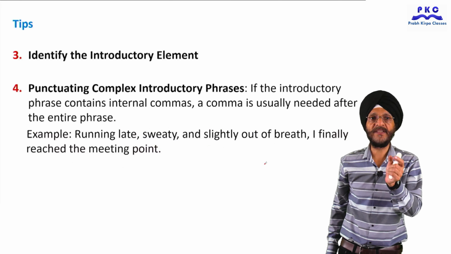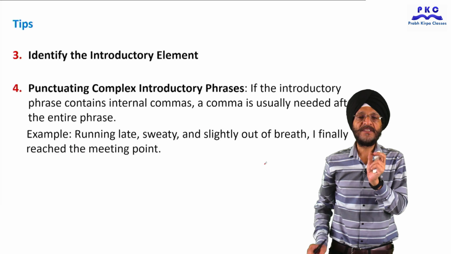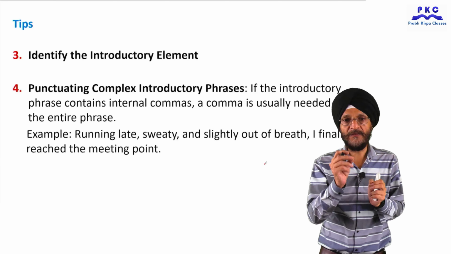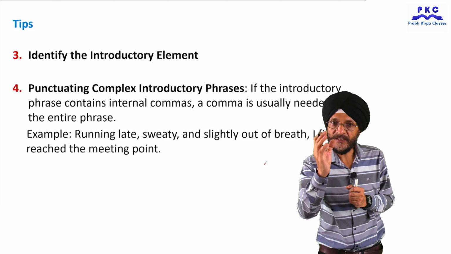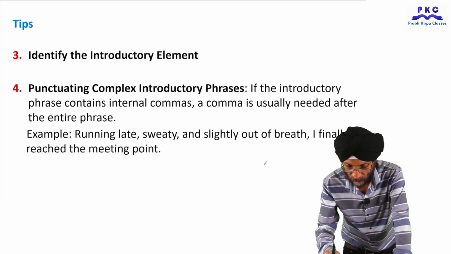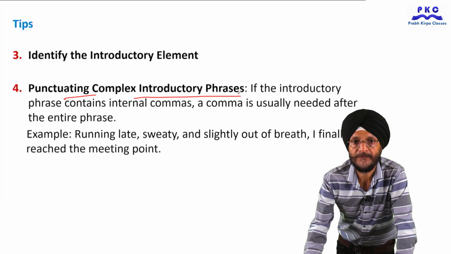Next is identify the introductory element. We should identify which is the introductory word, introductory phrase, or introductory dependent clause, and after that we have to insert a comma, an introductory comma.